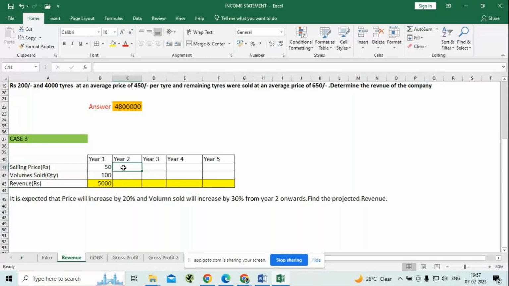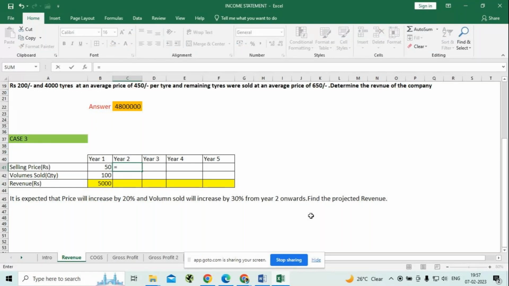It was increased by 10 rupees. So 50 plus 10, 60 rupees. So it should be 60 rupees. So instead of me doing it manually, 20% is nothing but 10 rupees. Good.